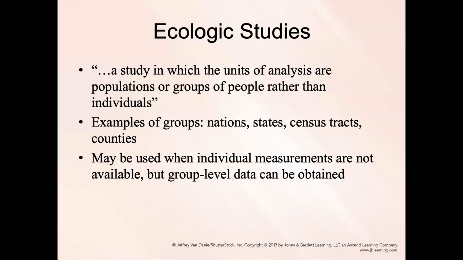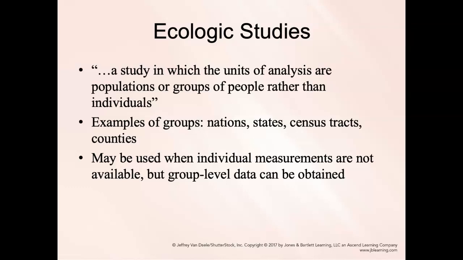I could theoretically look at the relationship between county level income, so the average income of every California county, and I could look at the relationship between that county level income and county level mortality rates across the state of California. That county being the unit of analysis makes it an ecologic study.